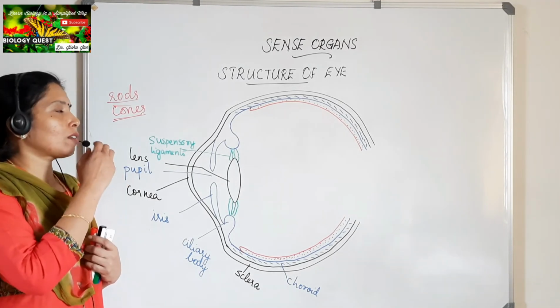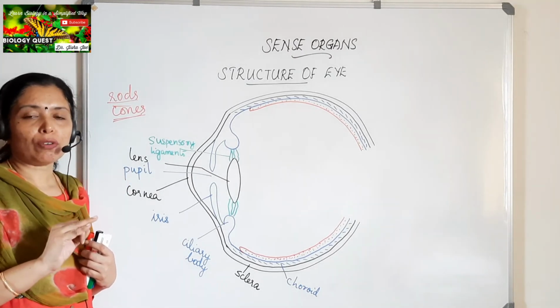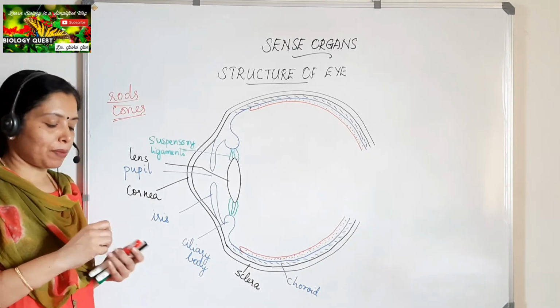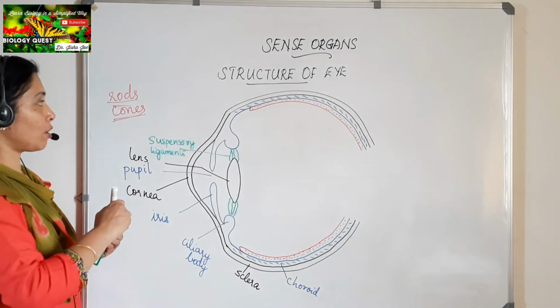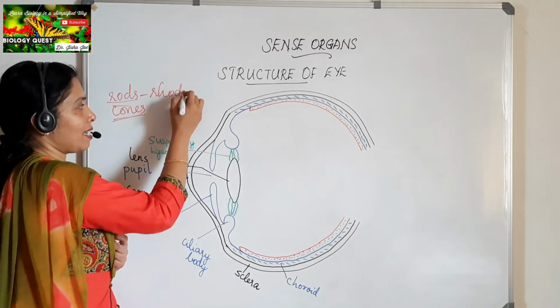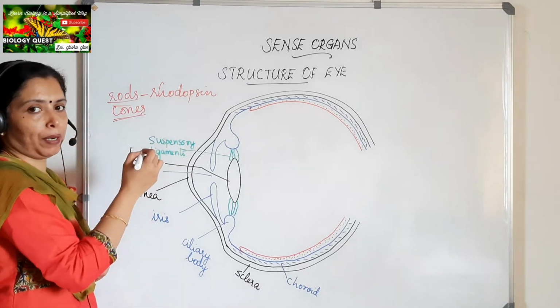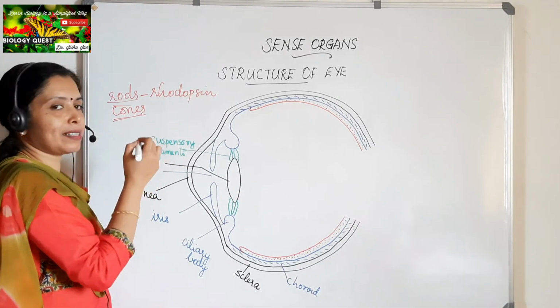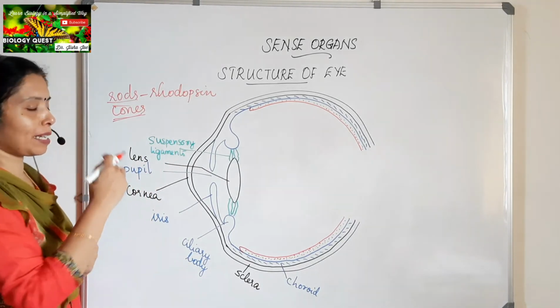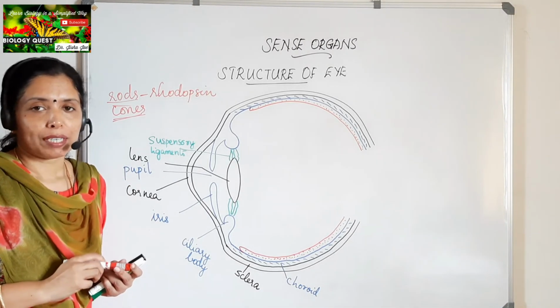The pigment present in rods is rhodopsin, otherwise called visual purple. Visual purple is the pigment produced by the rod cells, which are sensitive to dim light.